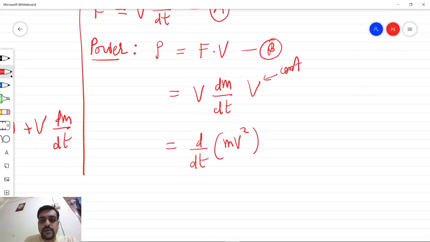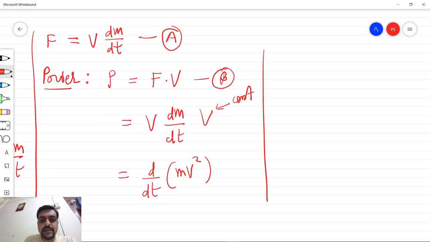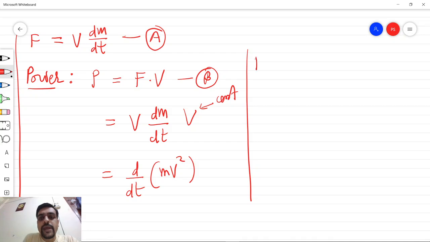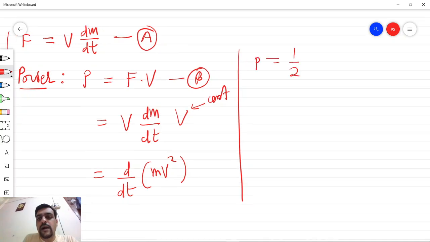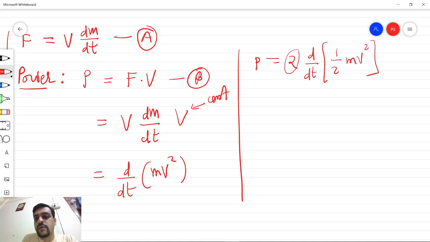So this can be further written as P equal to half of twice d by dt of half mv squared. So a factor of 2 is adjusted both in the numerator and denominator.